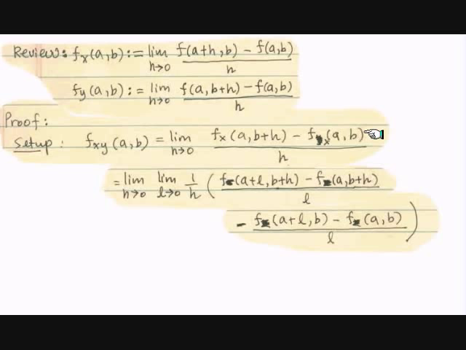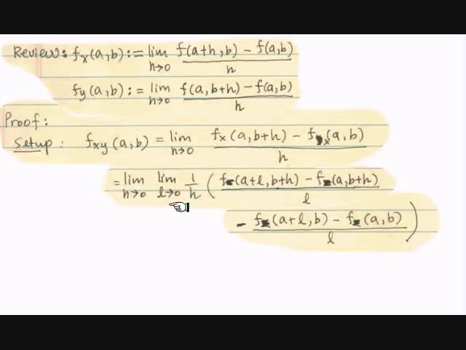The next term is f_x(a, b), again a partial with respect to x. So b is going to be fixed. b is there, and another b is there. But for the a part, the next derivative changes to a plus l and a there, and the difference of these two x coordinates, l, goes down there.